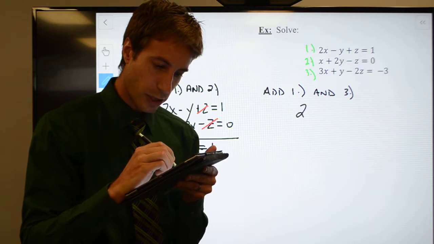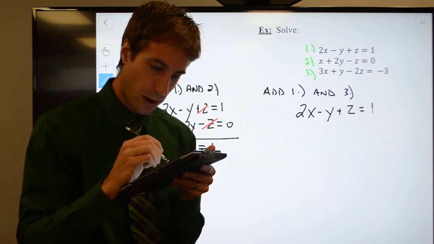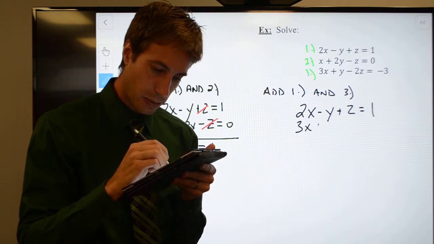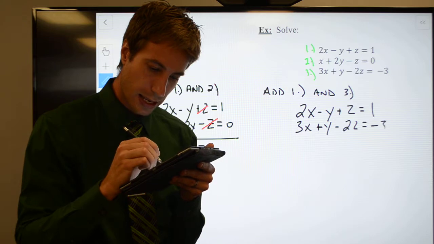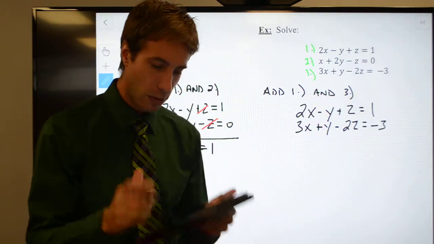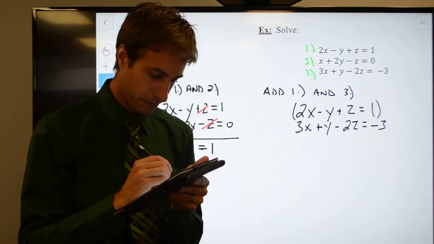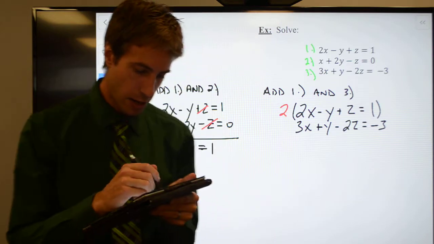So equation number 1 is 2x minus y plus z is equal to 1. And then I have 3x plus y minus 2z is equal to a negative 3. And here we go. In order to get those guys to drop out, I need to multiply this top equation by 2. All right, that's going to make those z's go away. All right, let's do that.